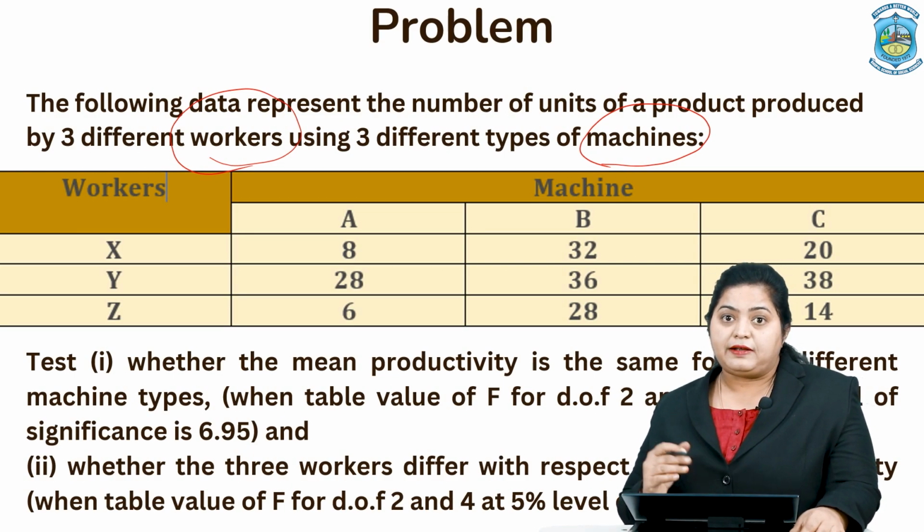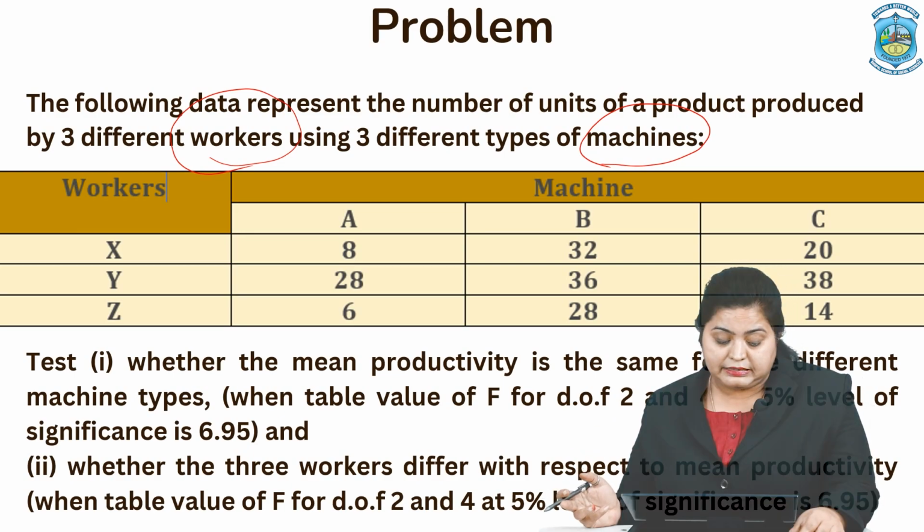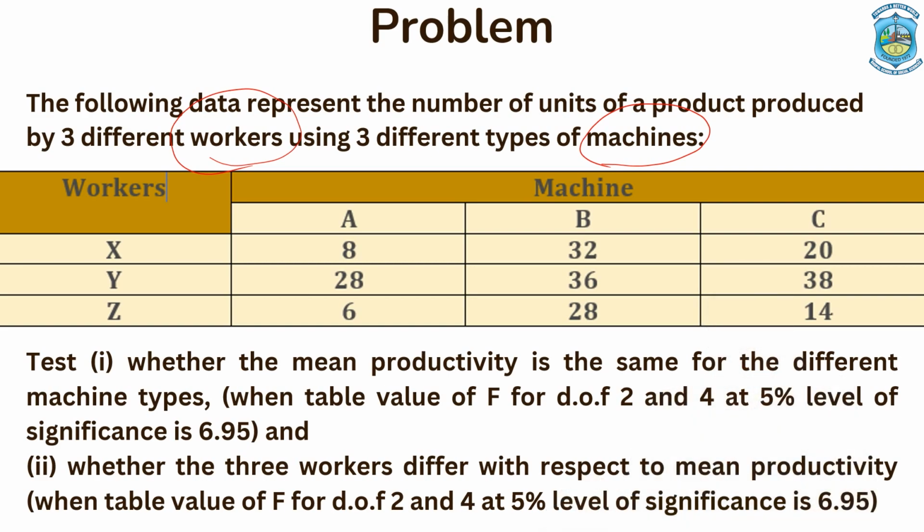What we have to find out from these data: first, whether the mean productivity is the same for the different machine types, when the table value of F for degrees of freedom 2 and 4 at 5% level of significance is 6.95. And second, whether the three workers differ with respect to mean productivity, when the table value of F for degrees of freedom 2 and 4 at 5% level of significance is 6.95.